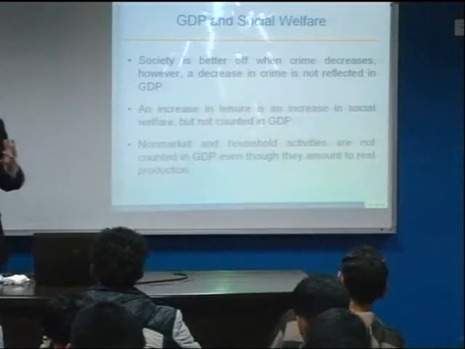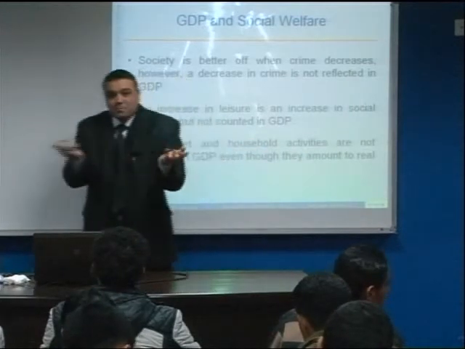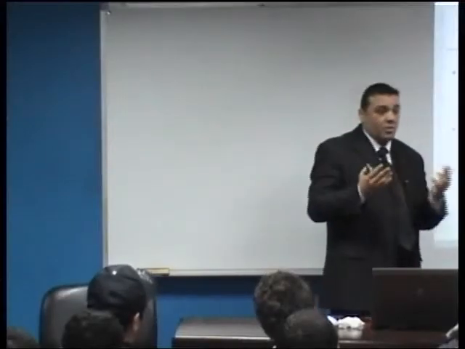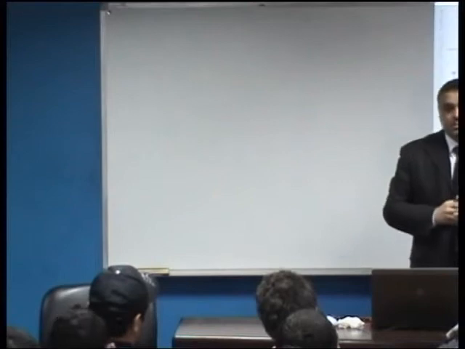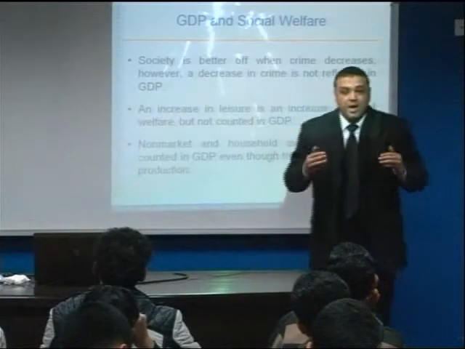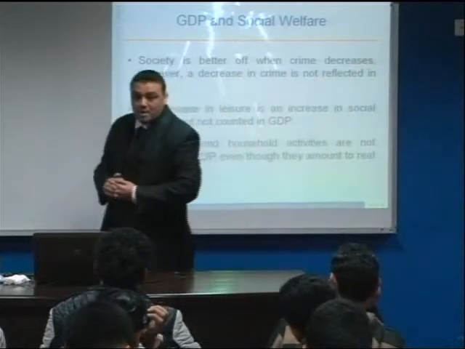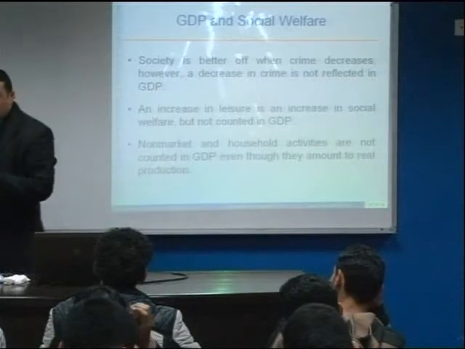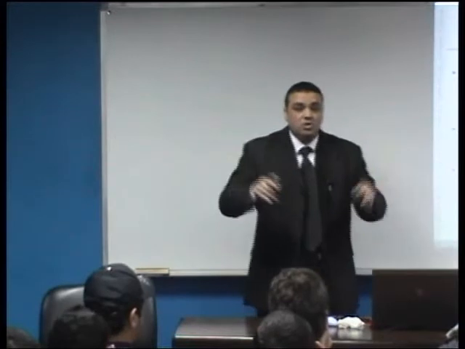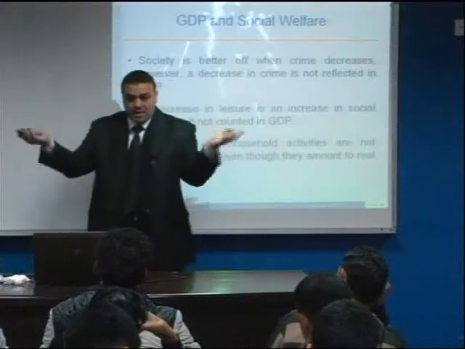Sometimes, if the social situation improves, this will improve the welfare of the people. Suppose that the crime rate in the society declined. In this case, what would happen? The social welfare would increase, but GDP does not talk about that.